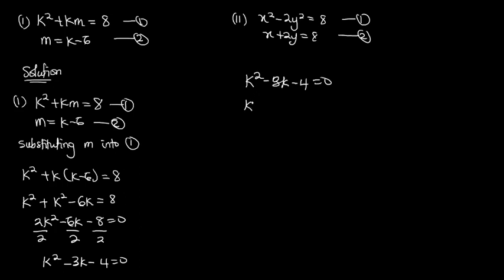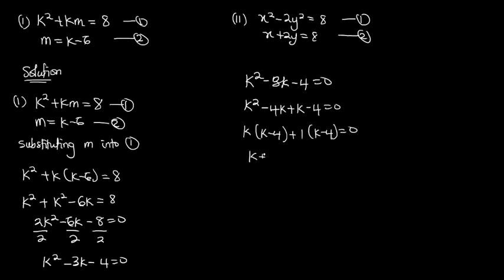So we have here k squared minus 4k plus k minus 4 is equal to 0. So I can factor k out here. So I have k outside bracket, k minus 4, then plus 1 outside bracket, k minus 4 is equal to 0.